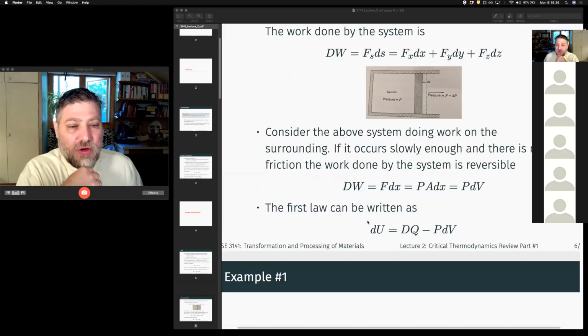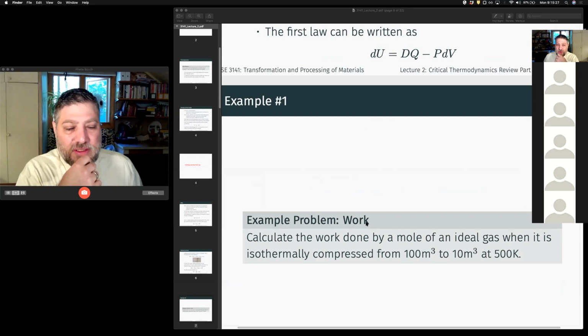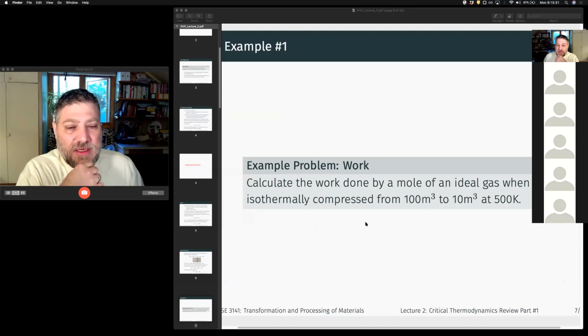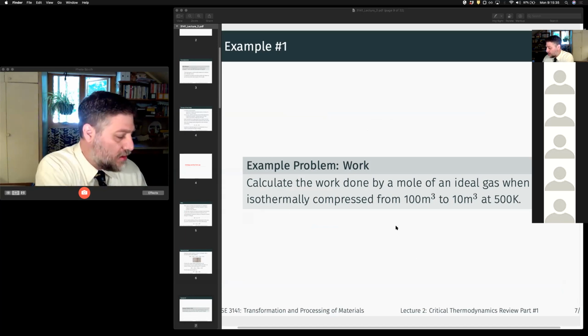this notion of mechanical work, and this is just really trivial. This is physics 1 type stuff.